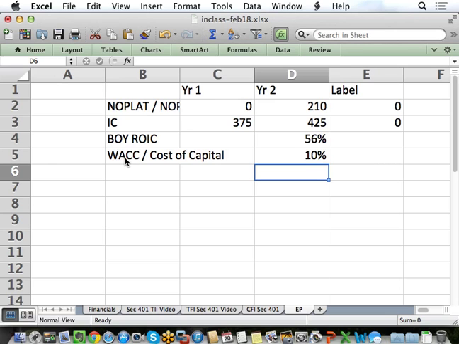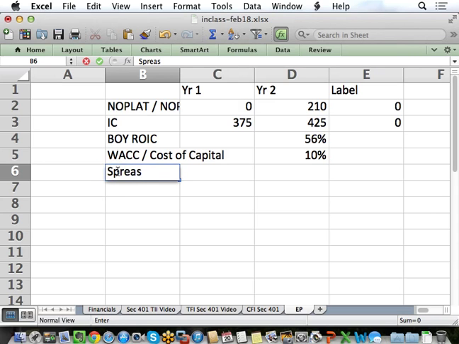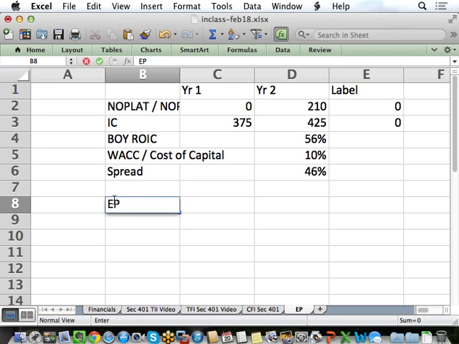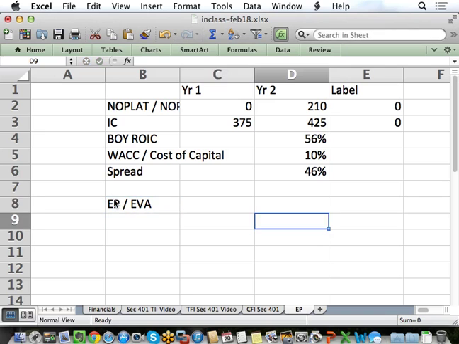So for this one, let's just say it's 10%. So therefore, I have a spread, which is the 56% ROIC minus the 10% cost of capital. Spread of 46%. I'm making 46% more than required to do my cost of capital, therefore I'm creating value. What is the economic profit, also known as the EVA?